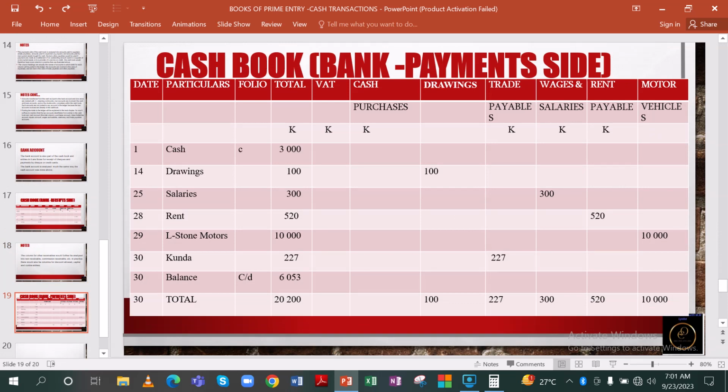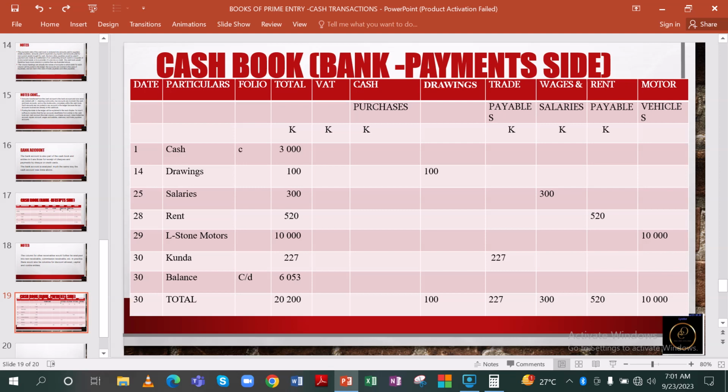Now you can see that we have actually listed all the transactions in the cash book, either the bank side being a payment or receipt, or the cash side being a payment or receipt. So these are simply mere listings. At the end, we just total the columns to find out the total amount under each column.